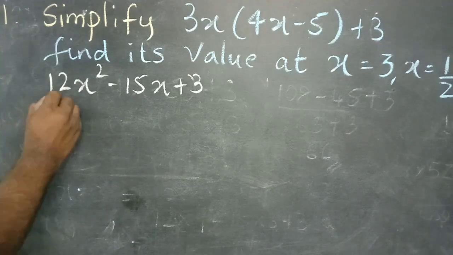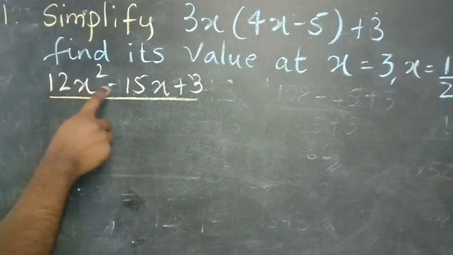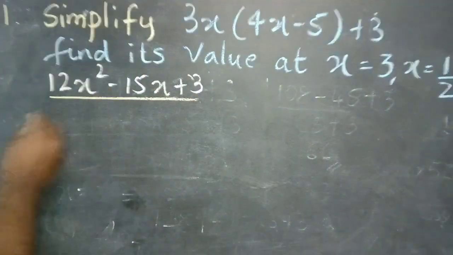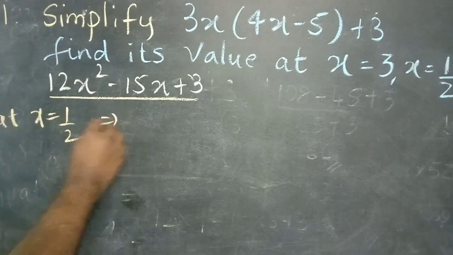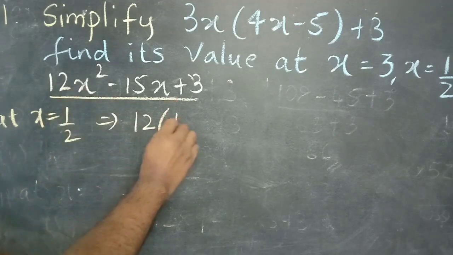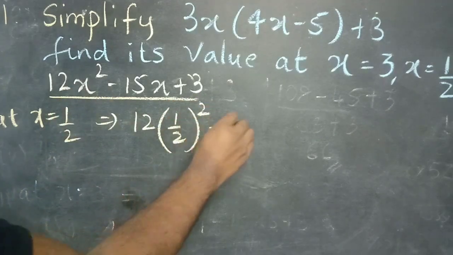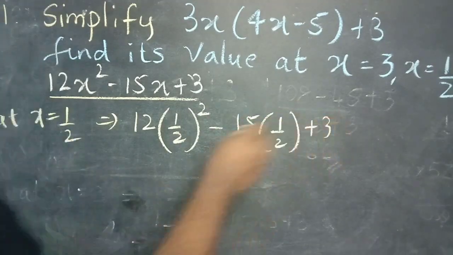Now we will try to find out the value of this expression, that is after simplification we got 12x square minus 15x plus 3 at x equals 1 by 2. Now replace x by what? 1 divided by 2, that is x as 1 by 2 whole square minus 15 into 1 by 2 plus 3.